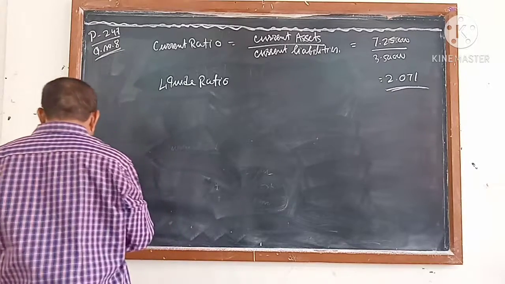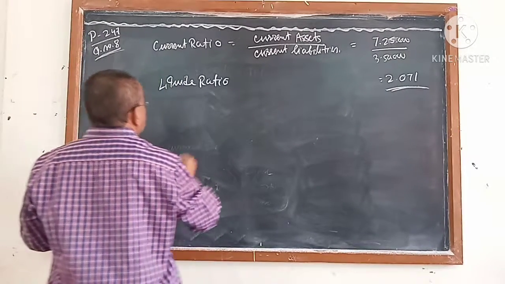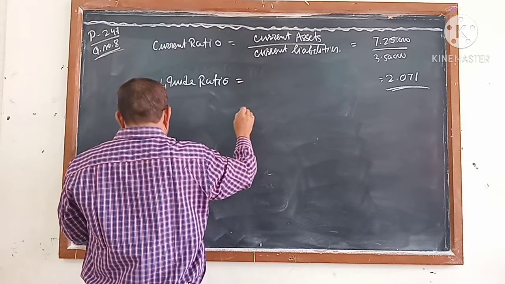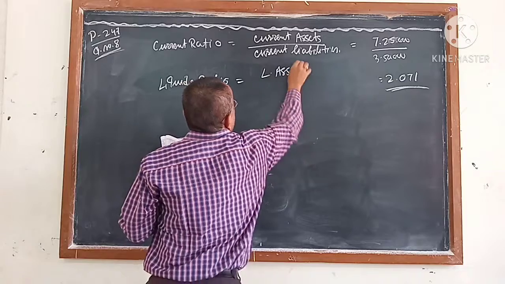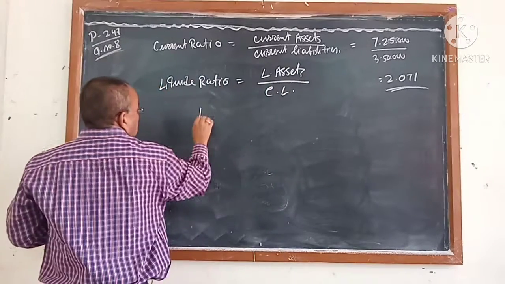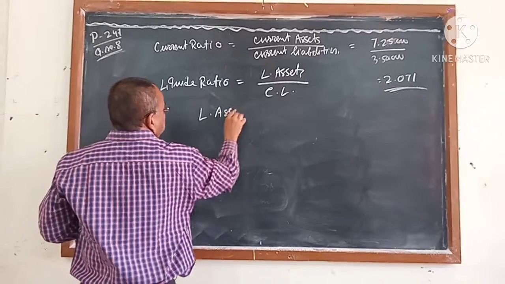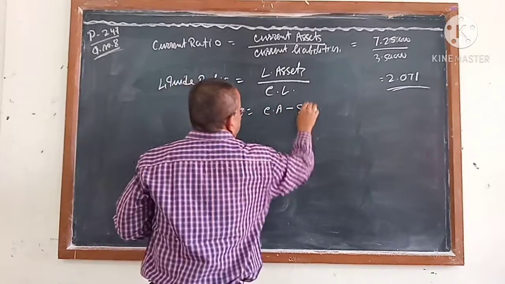Liquid ratio is equal to liquid assets by current liabilities. Liquid assets is equal to current assets less stock.